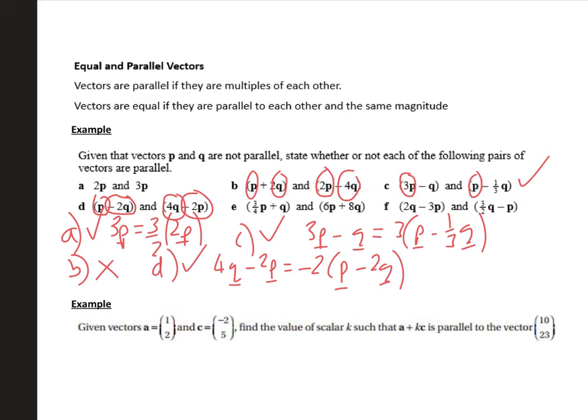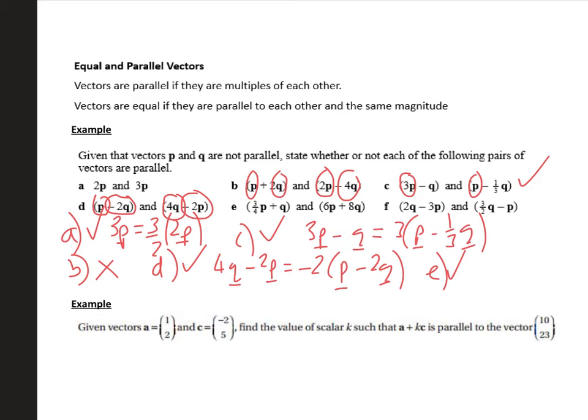E, to get from 3 over 4 p to 6p, I need to times by 8, and to get from q to 8q, I need to times by 8 as well. So E is parallel, because I can write the second one as 8 times the first one.